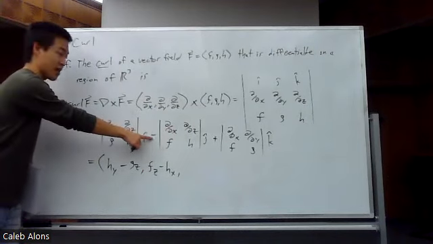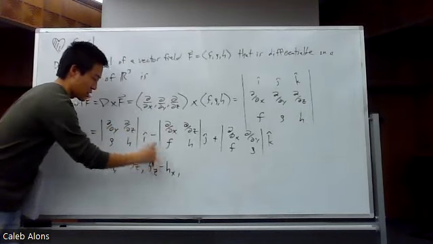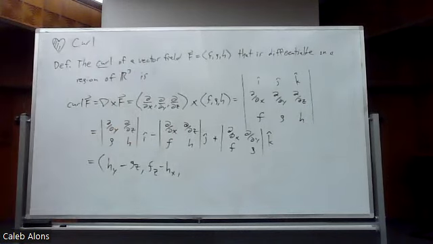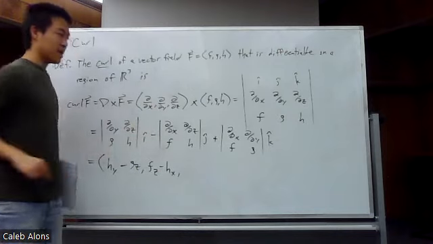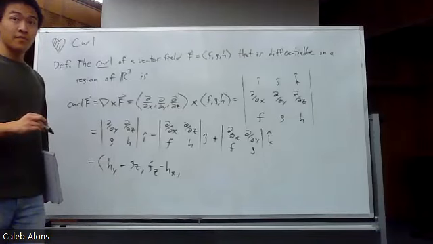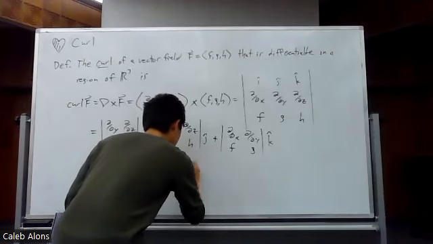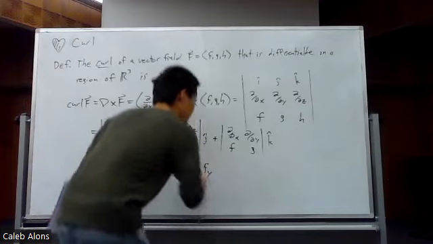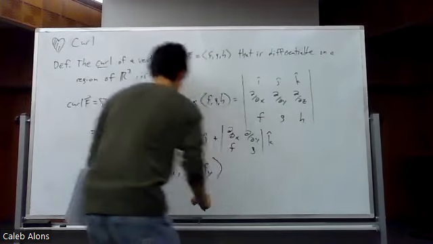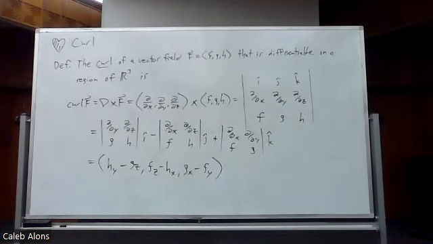Because we subtracted it. So we flip the order because that minus sign, they're going to do a little do-si-do. What's the last component going to be? G with respect to X minus F with respect to Y. Boom. Okay, that is the curl of the field.